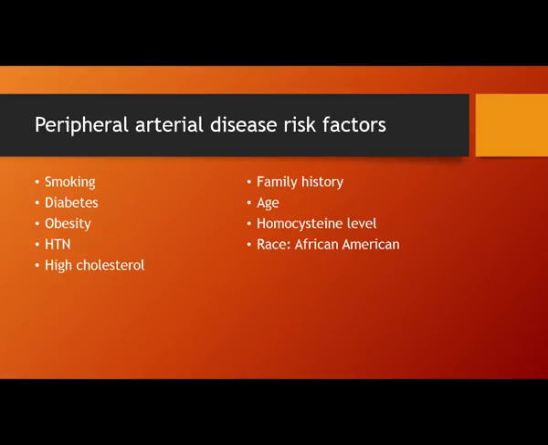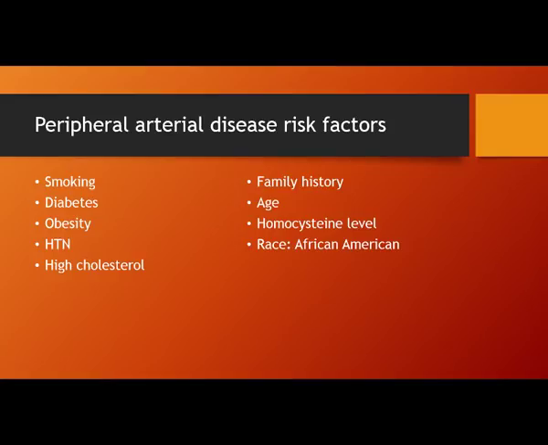What are the risk factors for peripheral arterial disease? And most of these are also for peripheral venous disease as well. Smoking, diabetes, obesity, hypertension, high cholesterol, a family history of it, increasing age, homocysteine levels.